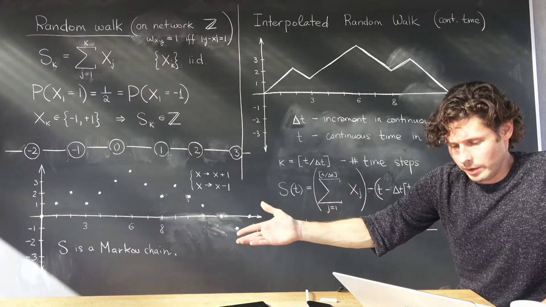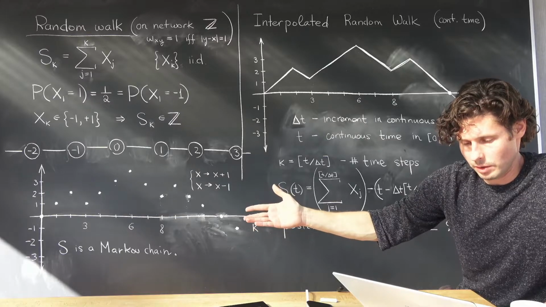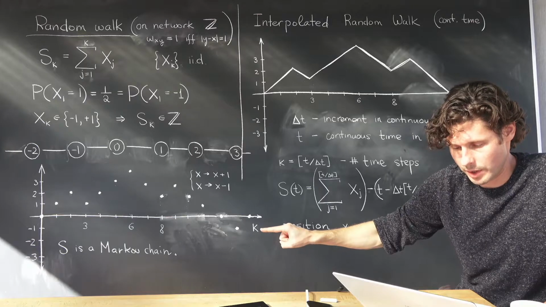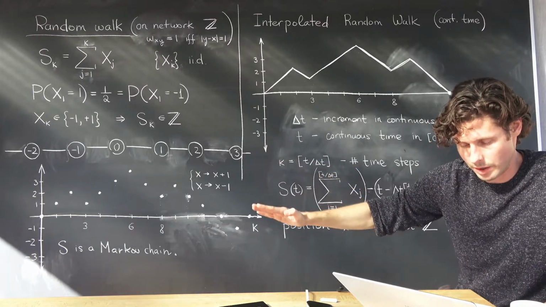Now we can look at two of these pictures. This is a picture of a potential path of this random walk in time. So time is discrete on the x-axis. On the y-axis we have Z, the integers.